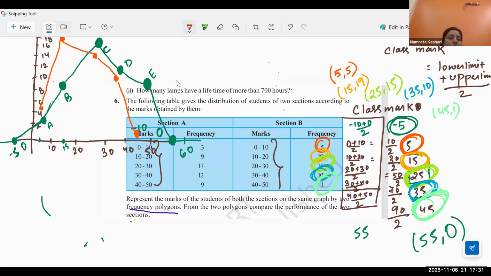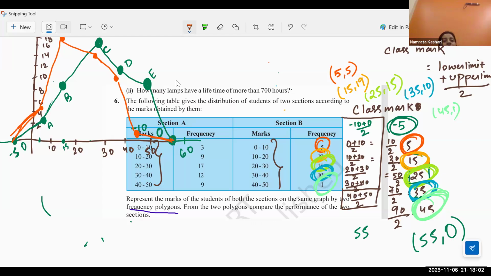Is it clear so far to everyone? Yes, ma'am. And we will be connecting it with the virtual class interval which we have done. Since the class intervals for section A and section B are not different, the virtual one will be the same. And since the frequency is 0, as previously, now also the frequency is 0. So the same point we will be connecting. Clear?